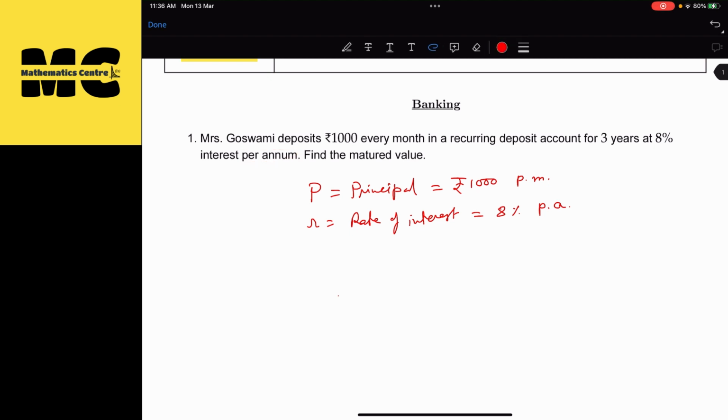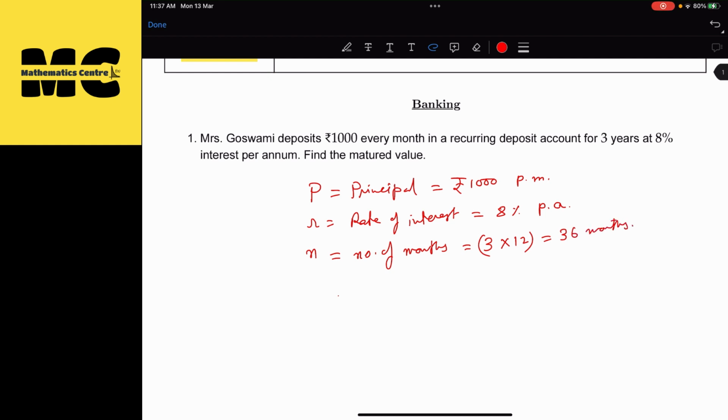Then this is P, this is R, and this is N. We have to write down N. Now what is N? N is the number of months. Here it is not given in months, so we have to convert this to months. So the number of months: 3 years is given, so we will multiply it by 12 and we will write it is 36 months.